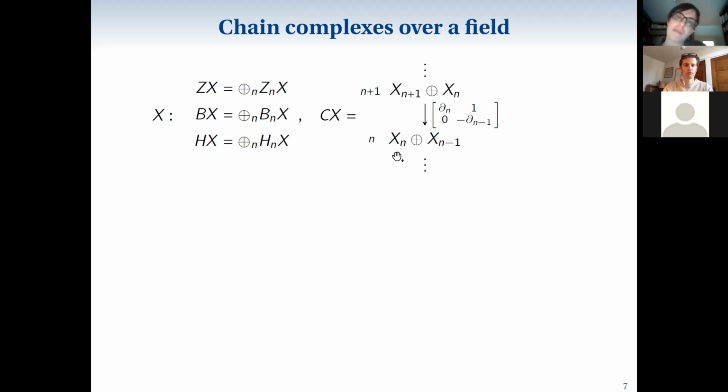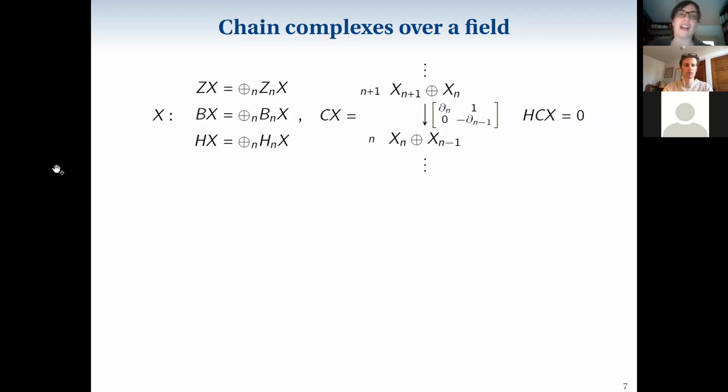And the boundary map is the boundary map of the chain complex with a minus to ensure that the composition is zero, and the identity. So X_n is actually mapping onto this X_n here with the identity. And this is important because what I have is that the cone of every chain complex has trivial homology.